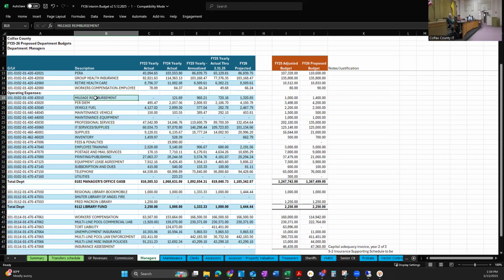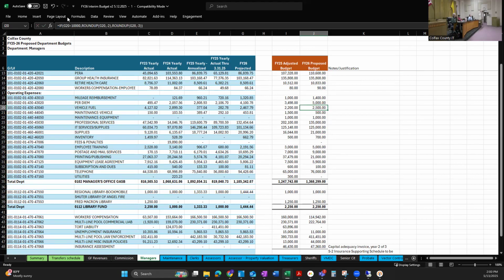Maybe per diem and mileage expense. I can increase the per diem slightly if you feel appropriate, like 5,000 perhaps or more. It's already a little bit up from prior year. Yeah, I think 5,000 would be fair.